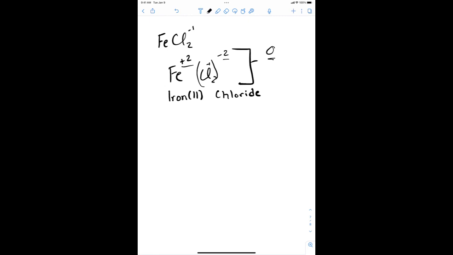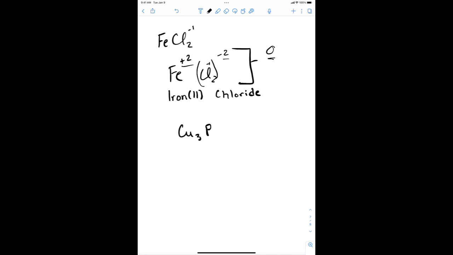We can do the same thing with, say, a compound Cu3P. Okay, so I know Cu is copper, and that copper is a transition metal that can form more than one ion. It forms a copper 1 and a copper 2 ion. And so we can look at phosphorus to help us determine what the charge on that copper is.